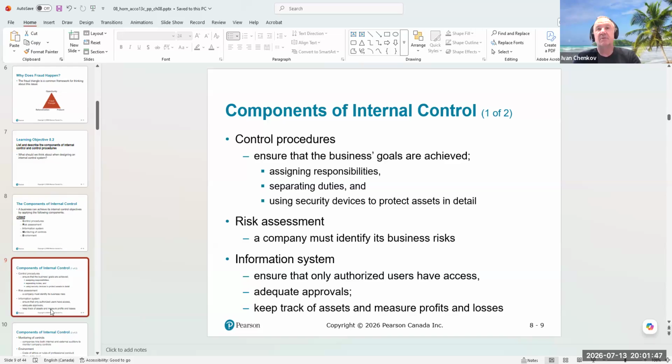So we're going to assign the responsibility, we're going to safeguard the duties, so we're going to separate the duties, we're going to use security devices to protect the assets and the records of the company. Constantly, we're going to monitor the operations and we're going to try to identify the risk and mitigate those risks.